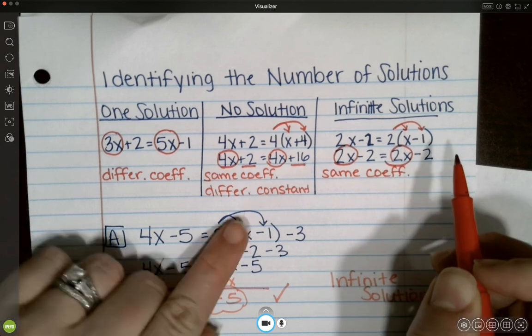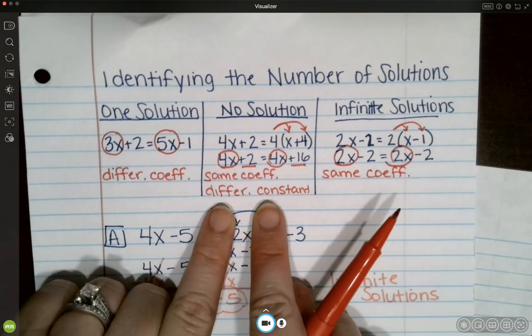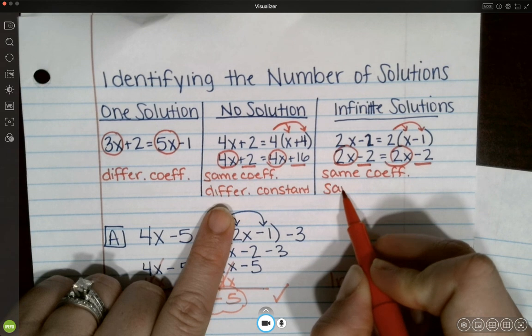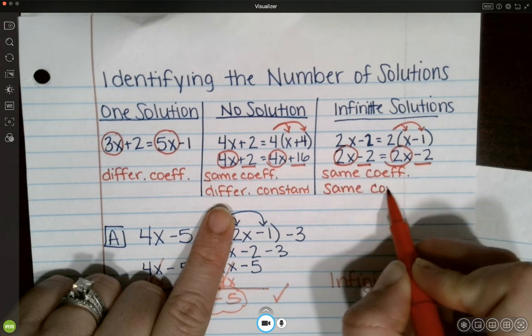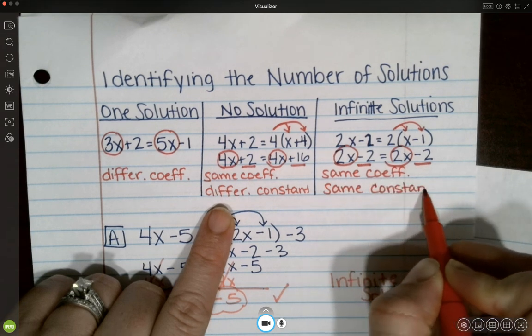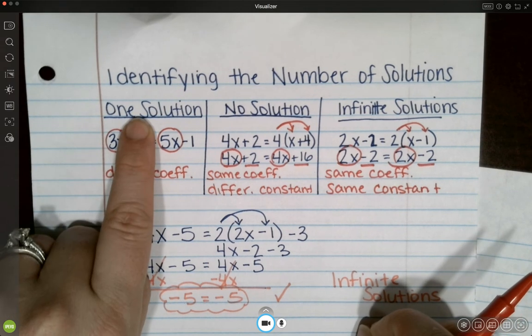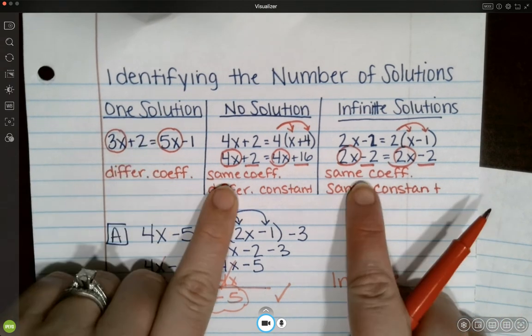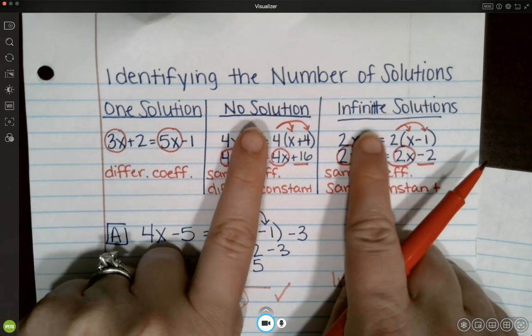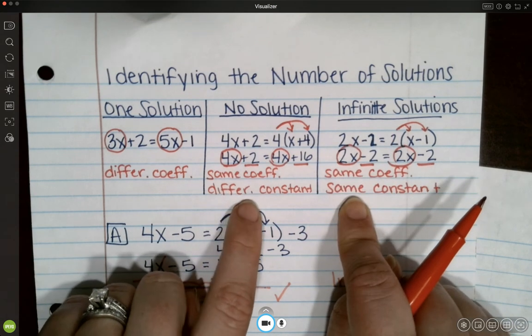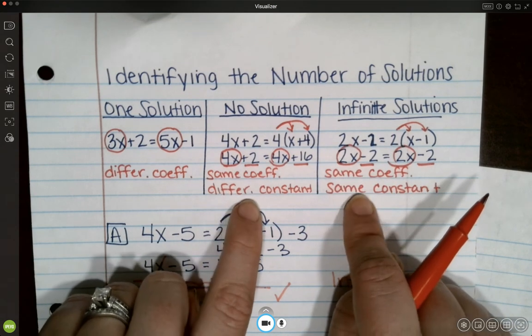The only difference here, where we had different constants, now I'm dealing with the same constant. So take a look. Different coefficients, I'm automatically one solution. Same coefficients, I'm either no solution or infinite. Then I move to the number. Different, I'm none. Same, I'm infinite.